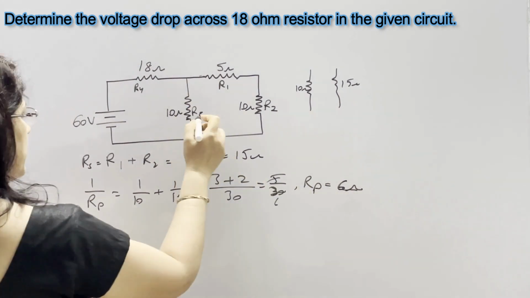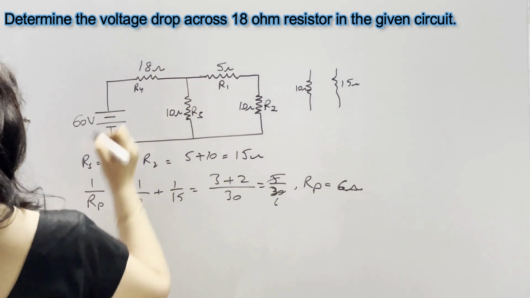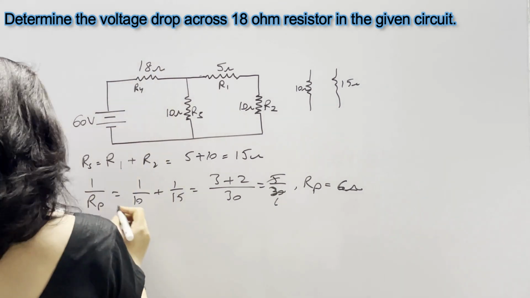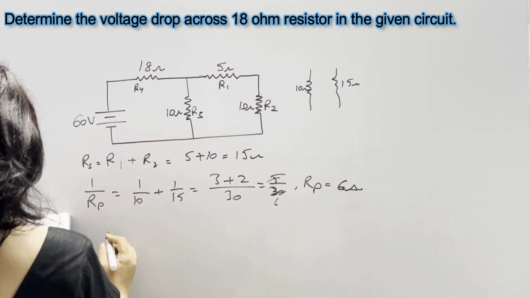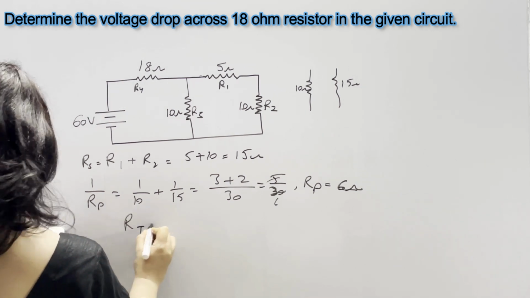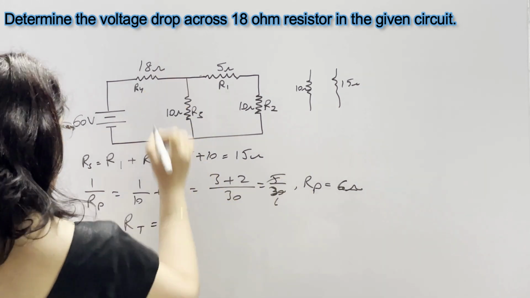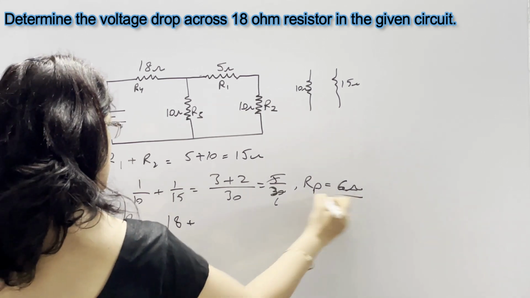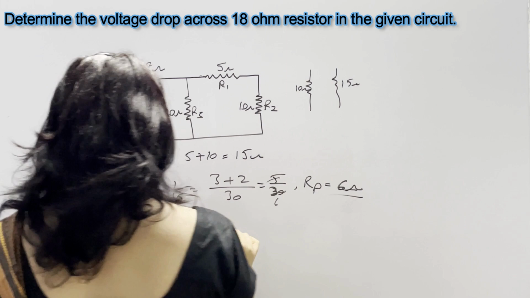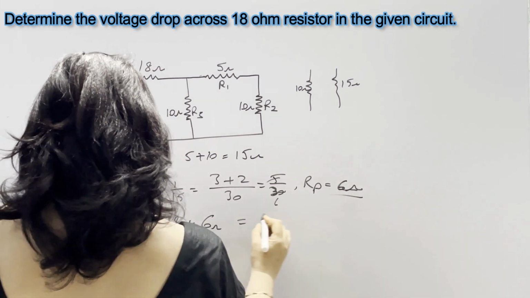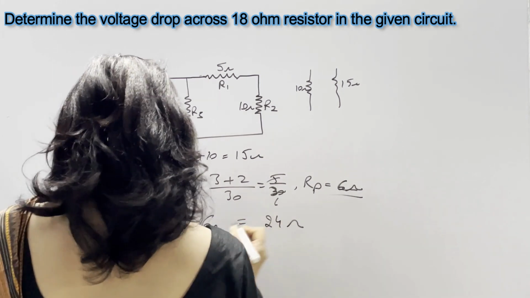Now further this series resistor is also there. So the total resistance of the circuit, R total, is this 18 plus this 6, which is the final resistance of this circuit. 18 plus 6 is 24 ohm.